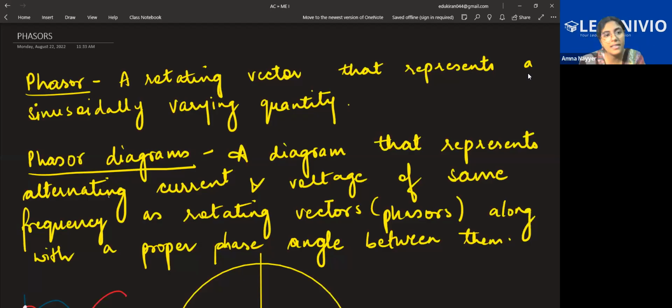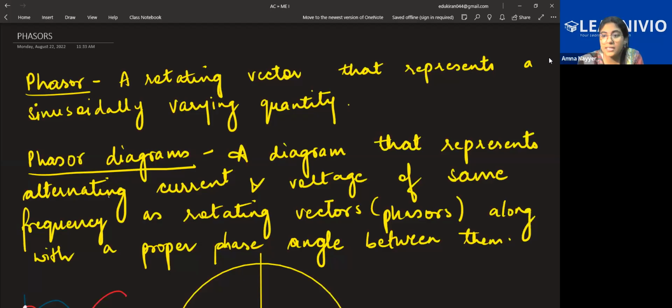The quantities are called phasors and the drawing is called the phasor diagram. Current and voltage are phasors, meaning rotating vectors. They are not actually vectors; just to make our figures and circuits easy, we use phasors and phasor diagrams.